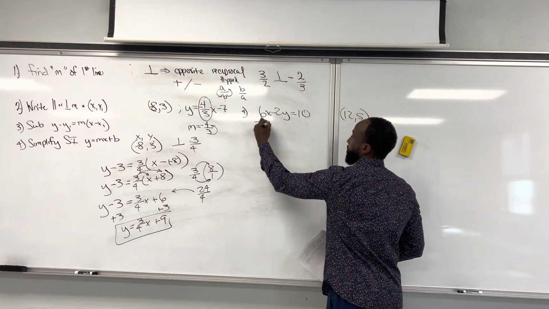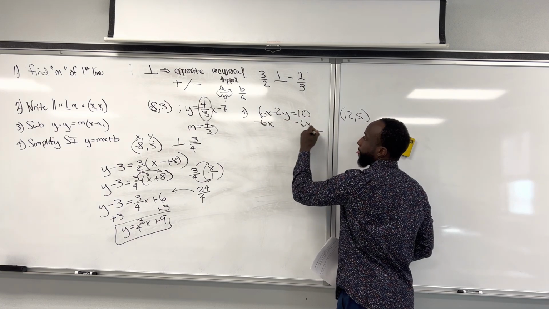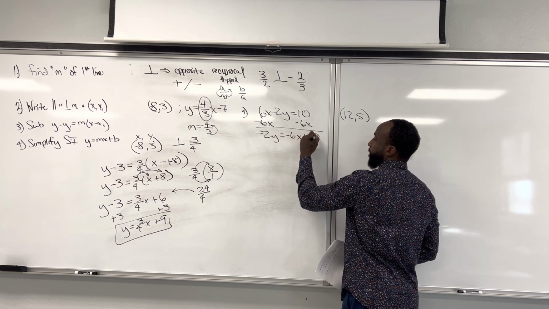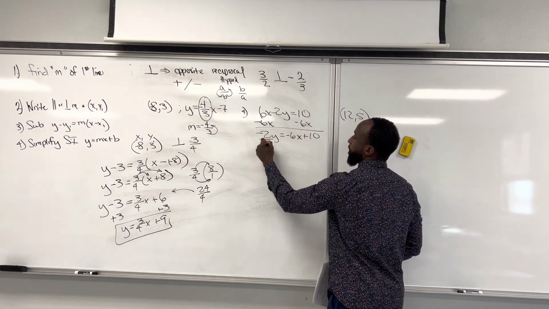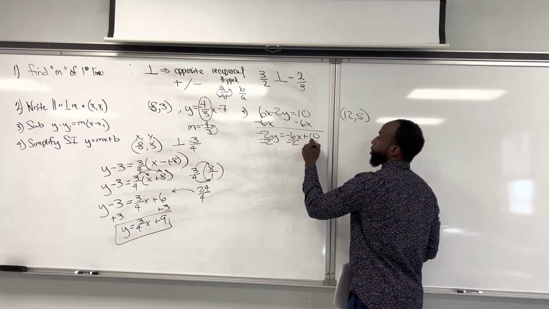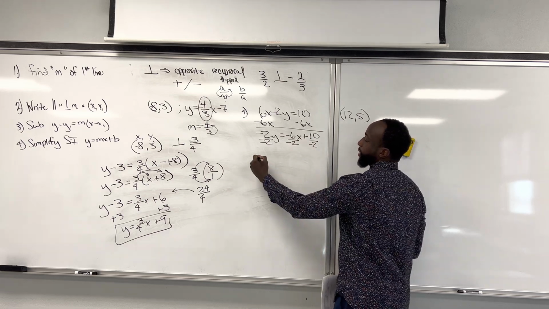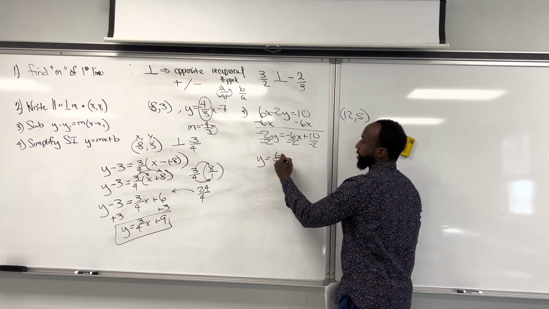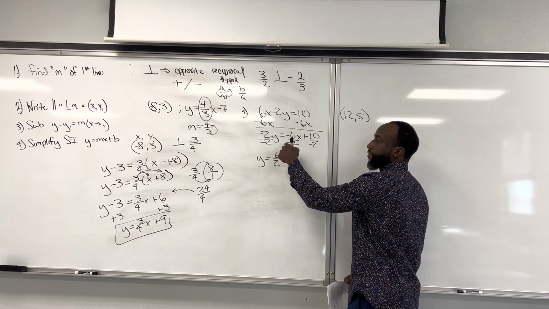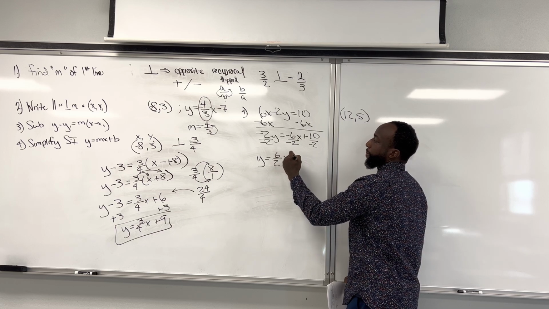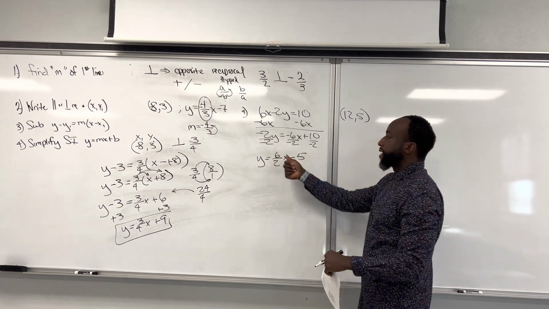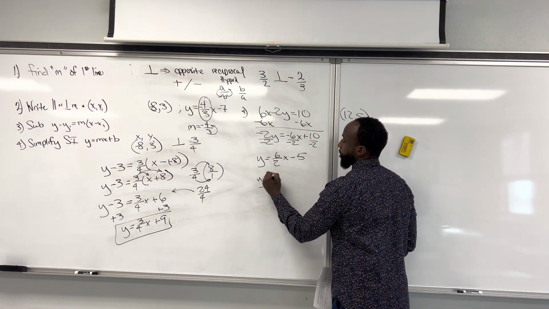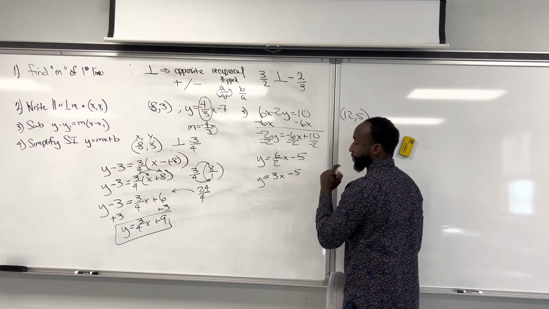So we're gonna subtract 6x from both sides first, right? So we get negative 2y equals negative 6x plus 10, and then we're gonna divide everything by negative 2. When we divide by negative 2, we get y equals 6 over 2, negative over negative makes it positive, minus 5. 6 over 2 can be simplified to 3. So the original equation is y equals 3x minus 5, right?